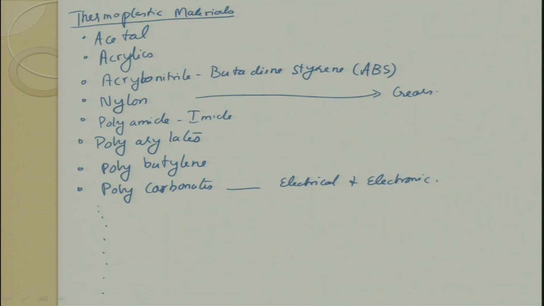Thermosets we have already discussed, so I do not want to get into more details. So, these are some of the few: acetal, then acrylic. Acrylic is used for making closures, and then ABS for luggage box or boxes for transportation and other things.